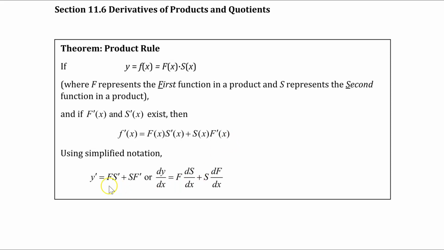Using a simplified notation, we can denote the derivative of the product as y prime equal to first times derivative of the second, plus second times derivative of the first. Or instead of y prime, we can also use dy/dx equal to F times the derivative of S with respect to x plus S times the derivative of F with respect to x.